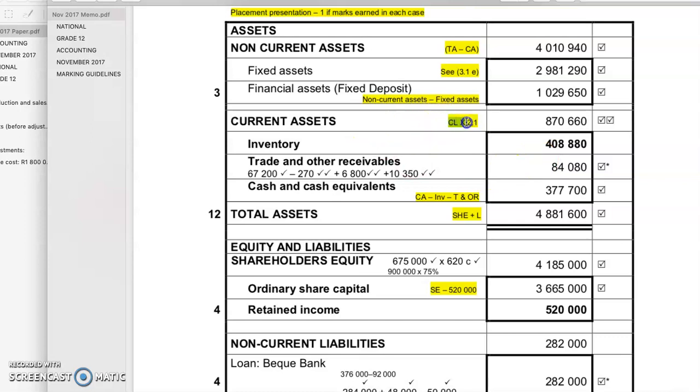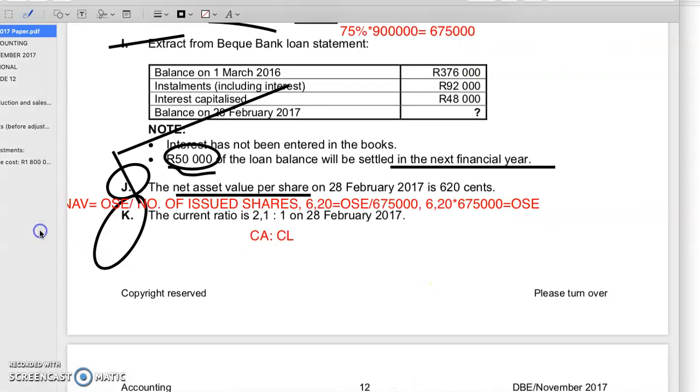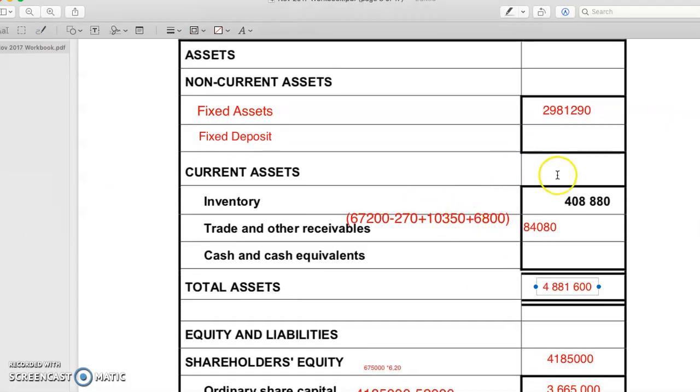So we can use this to calculate our current assets right there. So let me go to, where's my, oh, here it is. So now that we know that we have the current ratio, we can use that to calculate our current assets times our current liabilities.